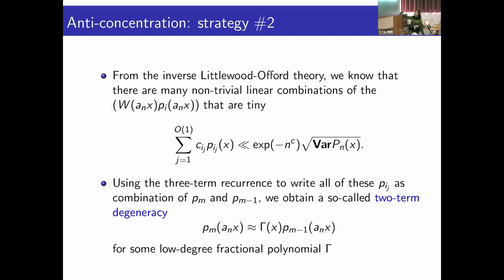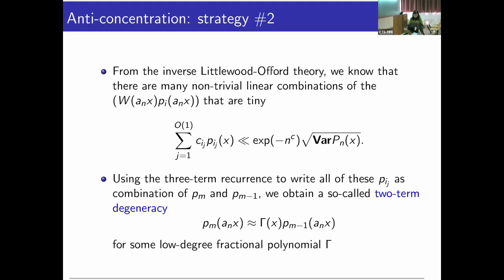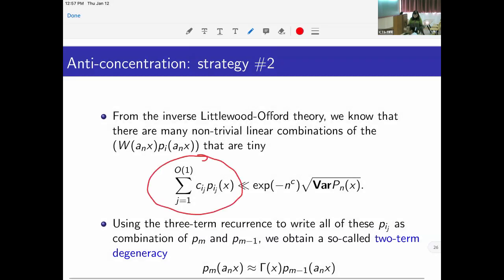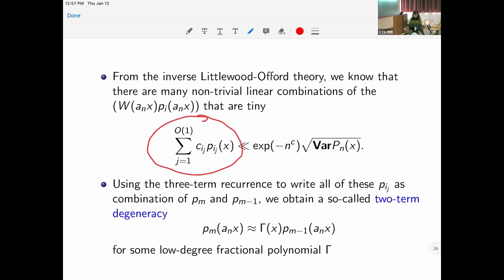We would apply this two-term degeneracy together with the same idea again. Starting from this sum being small, if we know that each Pij can be written as some low degree polynomial times some fixed Pm(x), then all of these can be written as a combination of some gamma ij and some Pm.